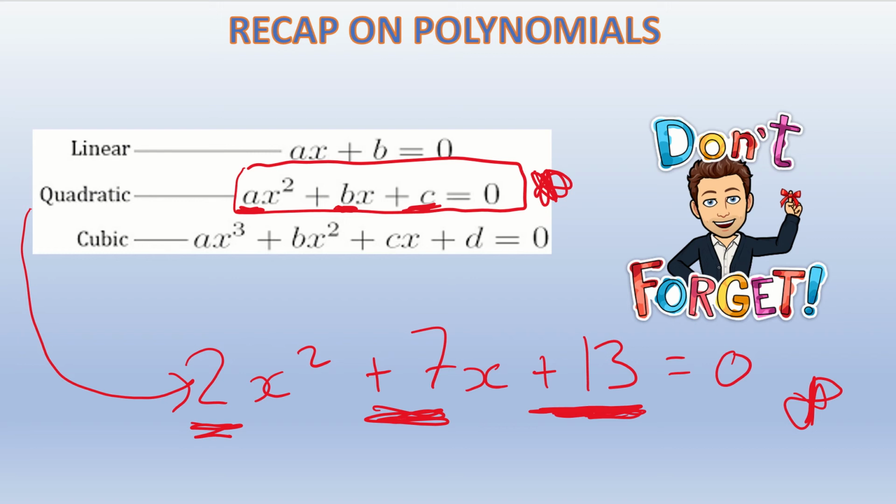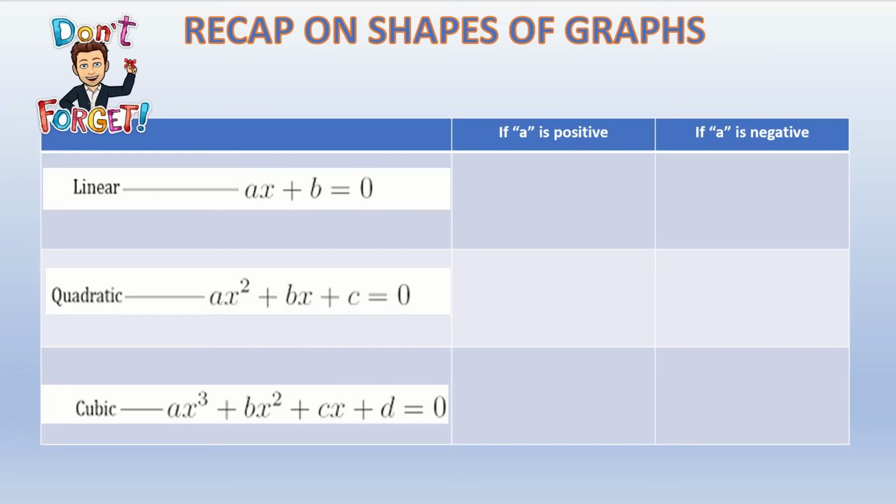Just moving on from that and a step up, if we were to look at what a linear equation, a quadratic equation, and a cubic equation look like as a graph, we can take information from what we know here in order to have a rough idea of what the graph will look like before we go substituting anything in or looking for points in that graph.